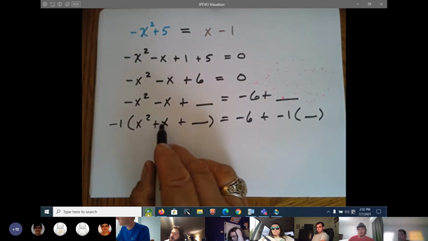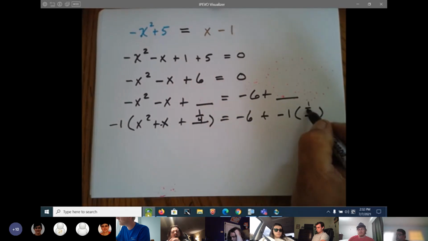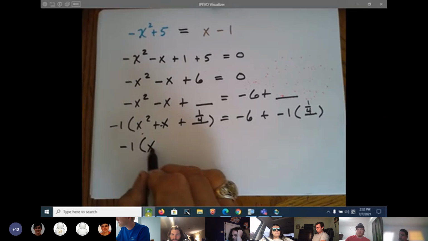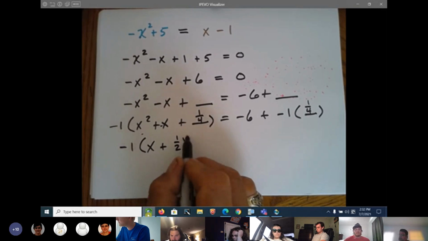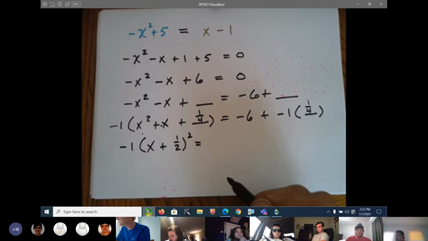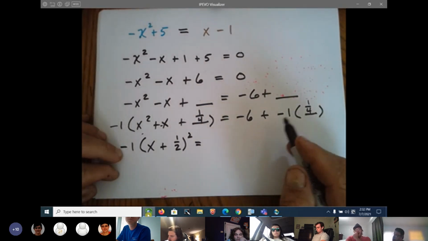Half of 1 is 1/2. 1/2 squared is 1/4. Negative 1, shortcut number 1, x plus 1/2 quantity squared is equal to negative 6. That'd be negative 25/4.